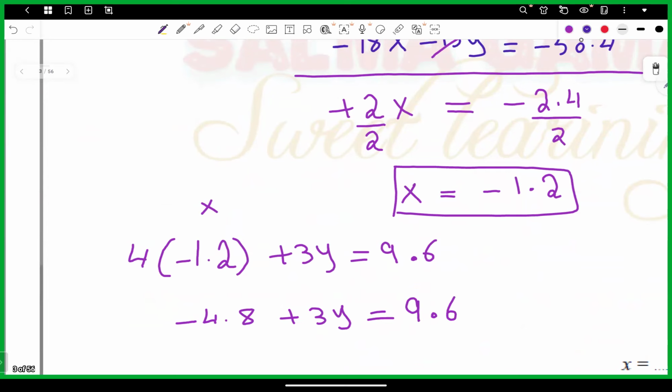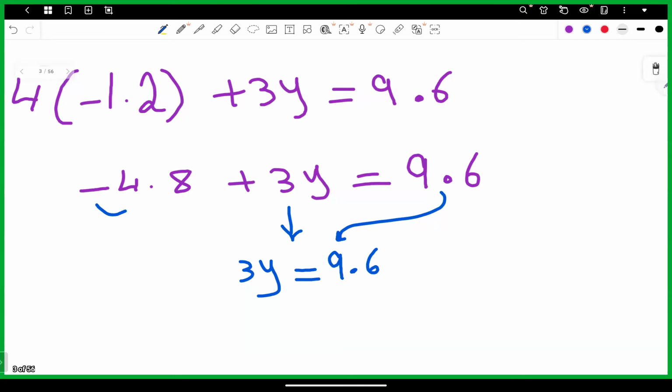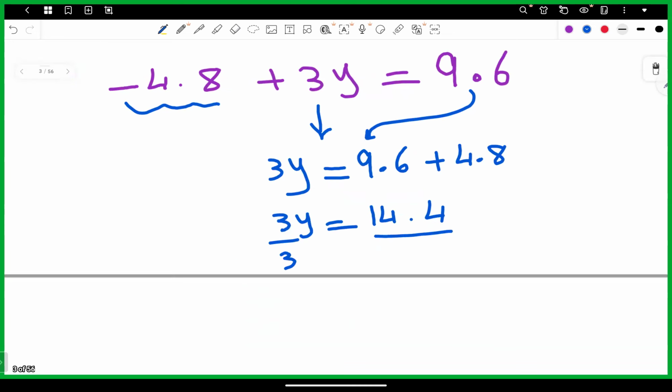I need to make it like this and solve this equation to find the value of y. Bring down 3y equals 9.6 with its sign, and switch the sign of 4.8 to be positive. 4.8 plus 9.6 equals 14.4, and then divide your answer by 3.